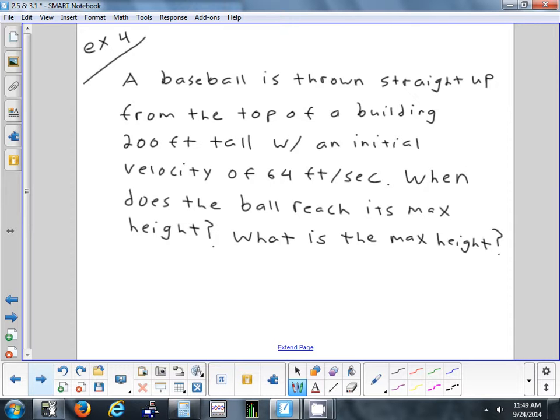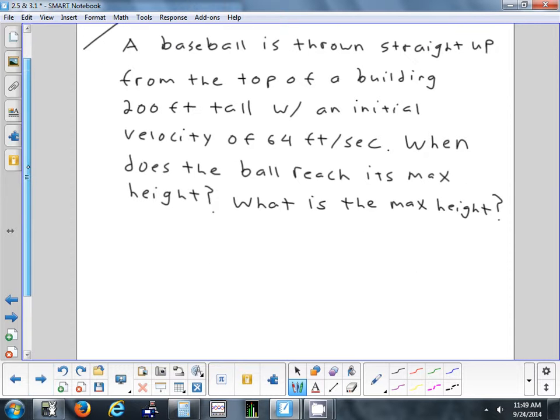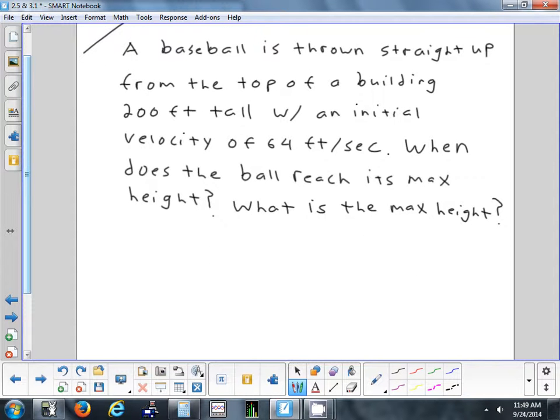All right, so what we could use local min or even a global min or max for is finding a maximum height when we throw an object. So this goes back to the formula from physics that I gave you. And it says a baseball is thrown from the top of a building 200 feet tall.